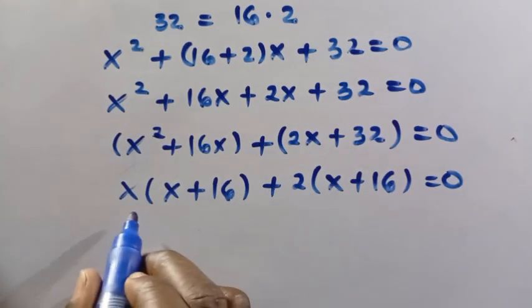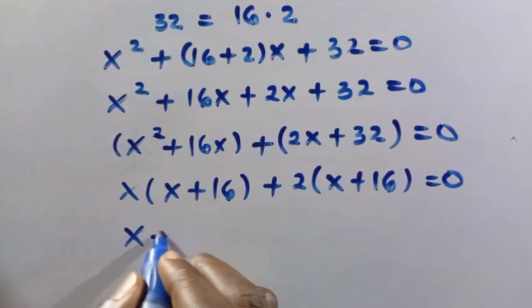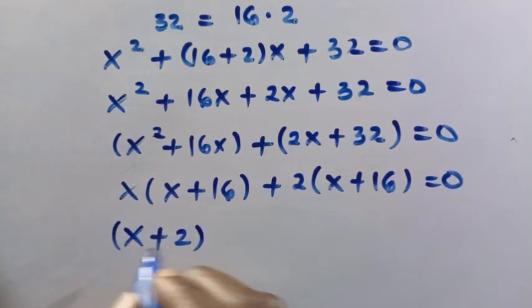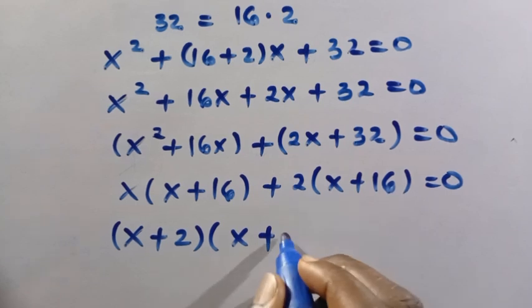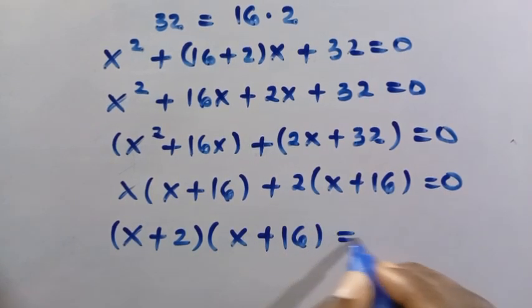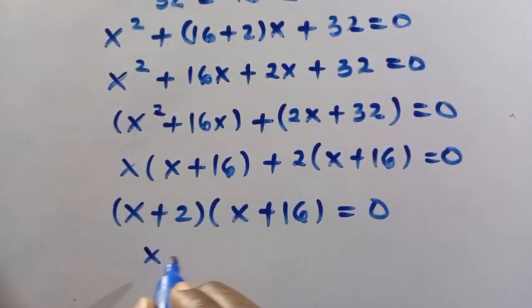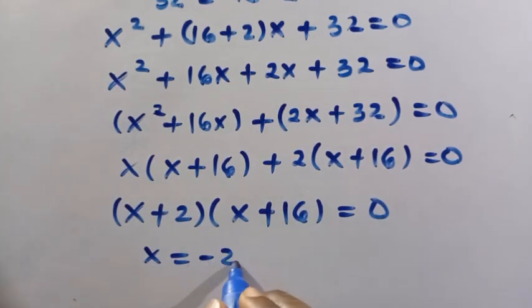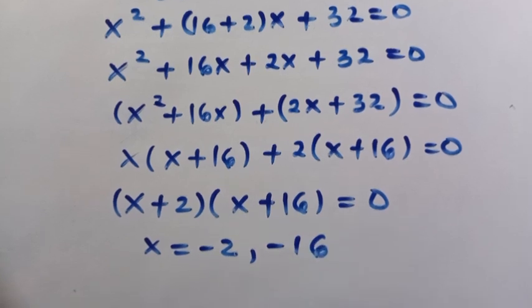So we can agree that we have x + 16 common, so let's combine (x + 2) and (x + 16) = 0. Therefore, we can see that x equals -2 and x equals -16.